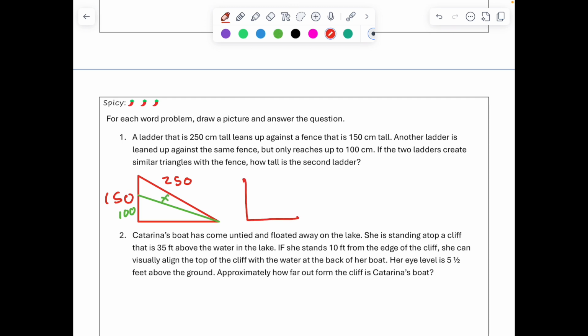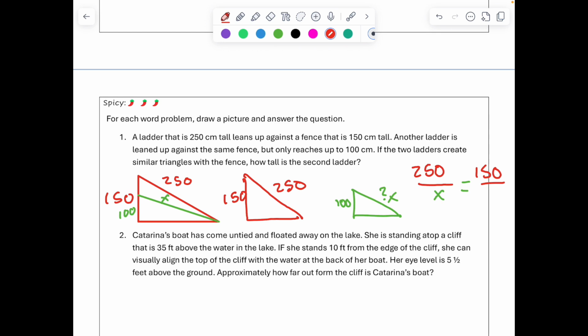So what we could do is make 2 different triangles here. Not sure how tall this ladder is, so let's call that x. So 250 over x, and that should be 150 over 100.